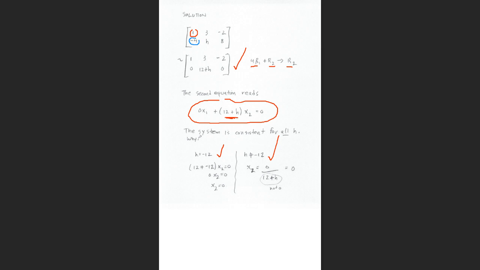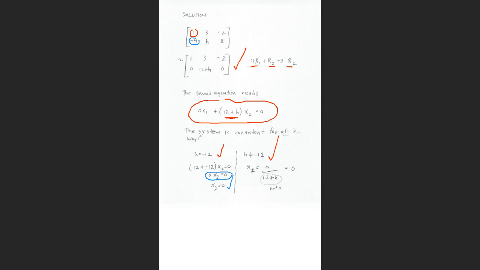I'm trying to get this conceptual idea down to something a little more concrete. Well, if H were equal to -12, the second equation would read 0 times x2 equals 0. That means x2 equals 0. That's okay. x2 can equal 0, and I can substitute that back in the first equation and solve for x1.